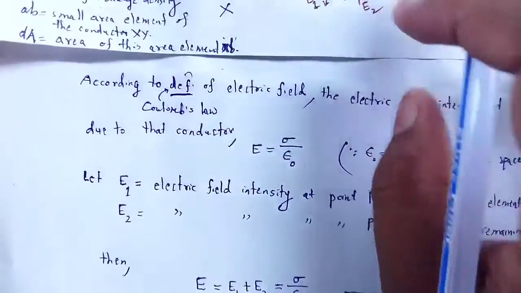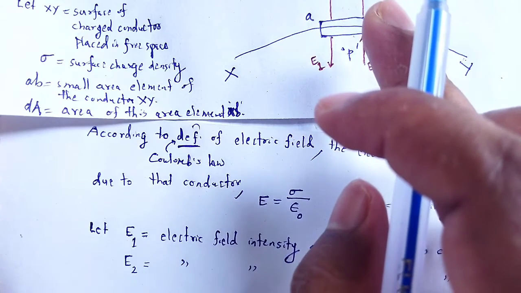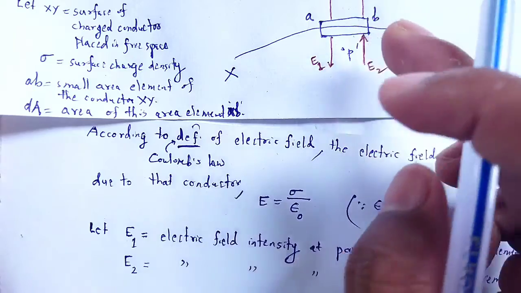Look here, P dash is a point inside the conductor. Inside the conductor, the electric field intensity is 0.